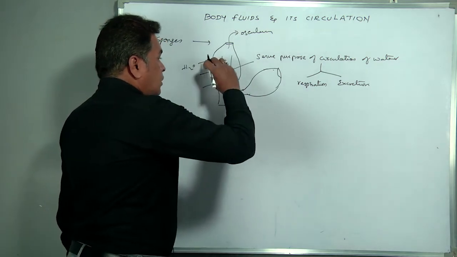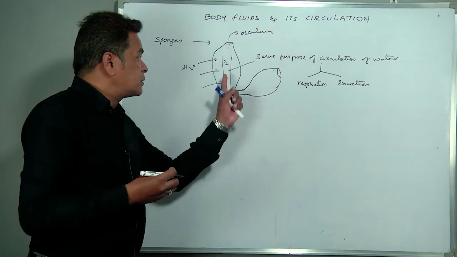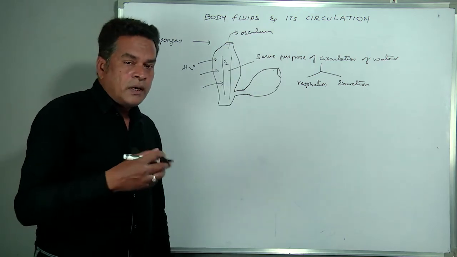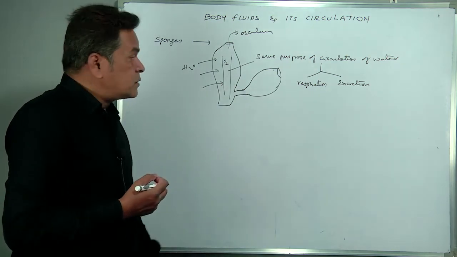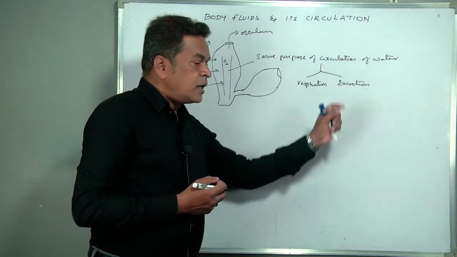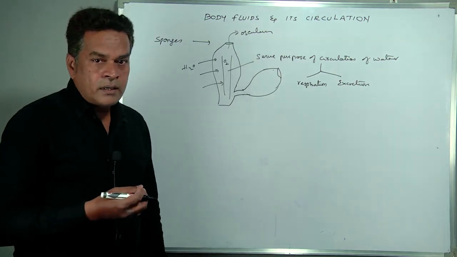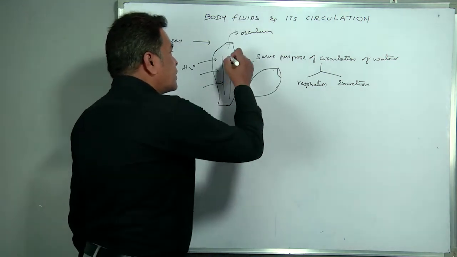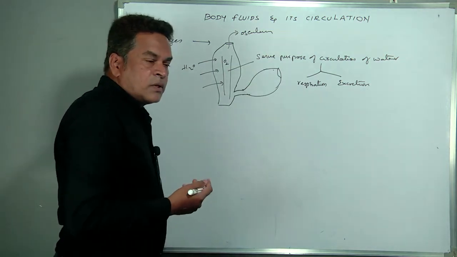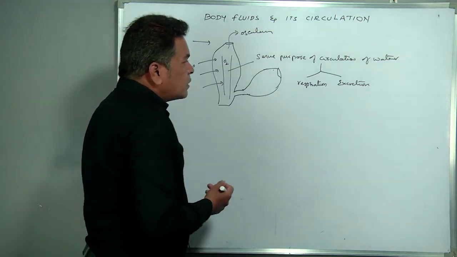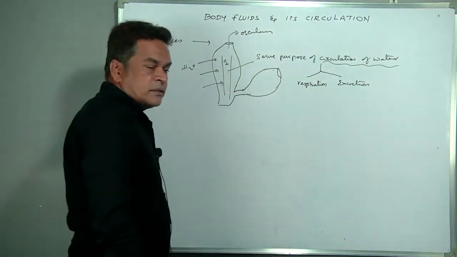That means water brings dissolved oxygen inside the spongocoel, and the cells utilize this oxygen, so it serves the purpose of respiration. Excretion means whatever metabolites are released by the cells also come out through the osculum. So the circulation of water serves the purpose of a circulatory system.